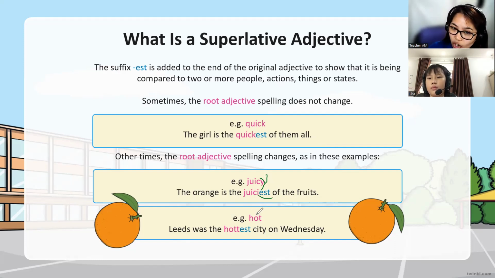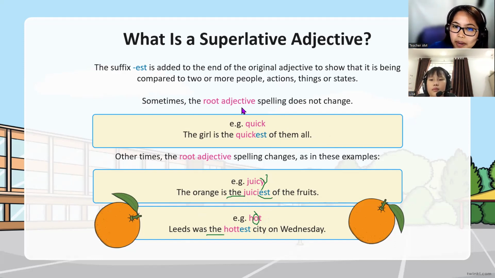For adjectives that end in a vowel plus a consonant, we double the consonant and add est. But don't forget to always use the: the juiciest, the hottest, the quickest.